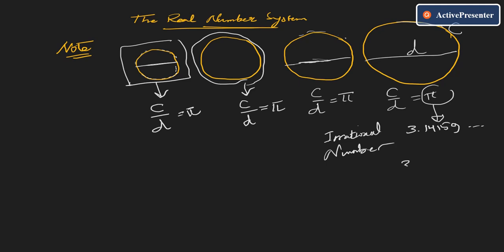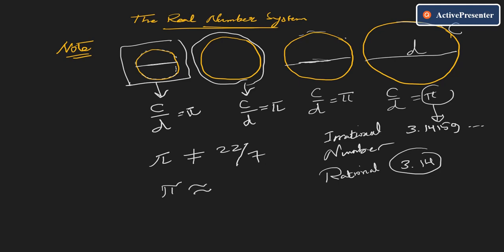However, what about 3.14? Is this an irrational number? It is a rational number. What is pi? It is not 22 over 7. However, pi is approximated to 22 over 7.